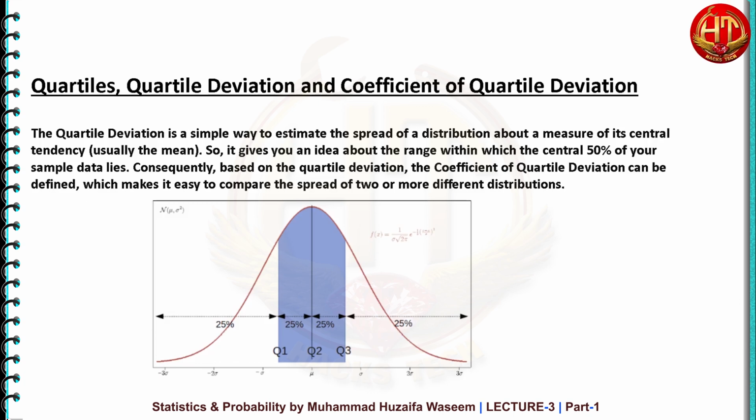It gives you an idea about the range within which the central 50% of your sample data lies. Consequently, based on the quartile deviation, the coefficient of quartile deviation can be defined, which makes it easy to compare the spread of two or more different distributions. With the help of quartiles, you can compare the spread of two or more different distributions. You can see this in the picture.